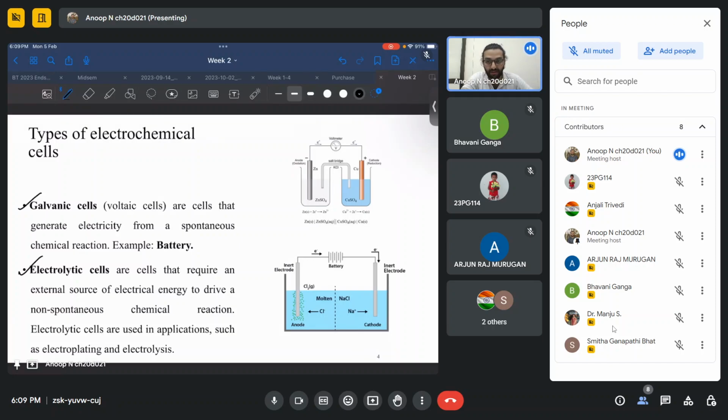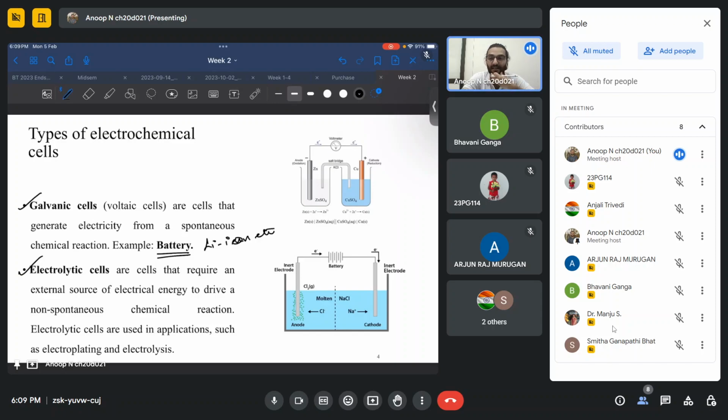Galvanic cell: can any of you give an example? You can say lithium ion battery, etc. Those batteries are examples of galvanic cells. In a galvanic cell, what happens? Chemical energy is utilized, those are spontaneous reactions.